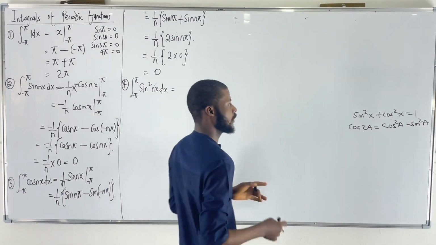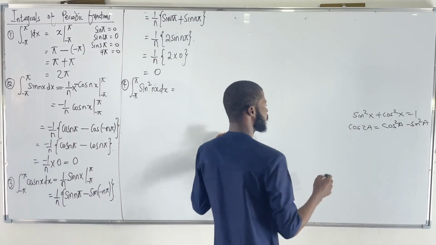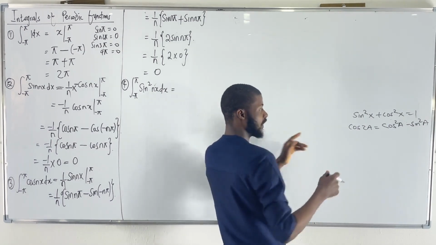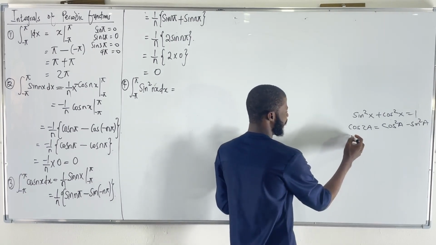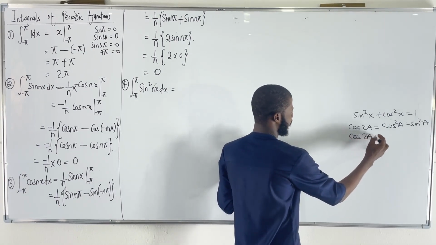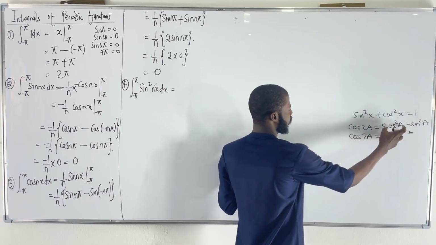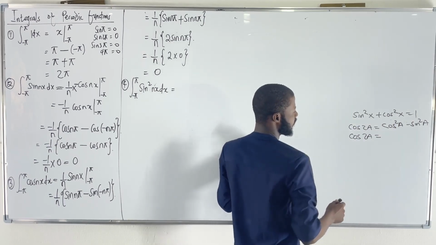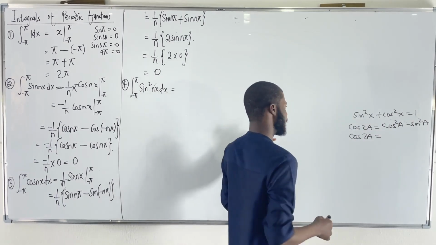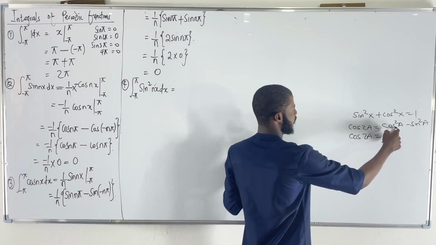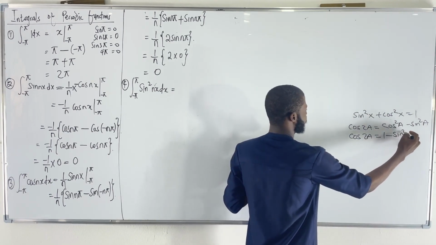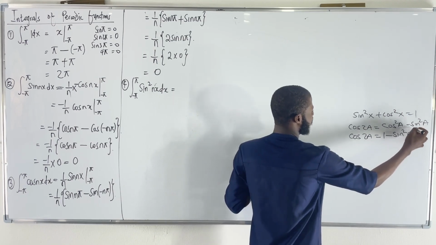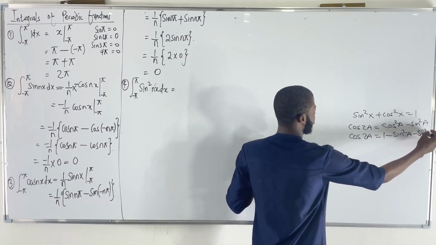So I don't mix this up, this is actually from trigonometry. So cos 2a is equal to cos squared a minus sine squared a. From the formula above, cos squared a is going to be 1 minus sine squared a, and then I put my minus sine squared a.